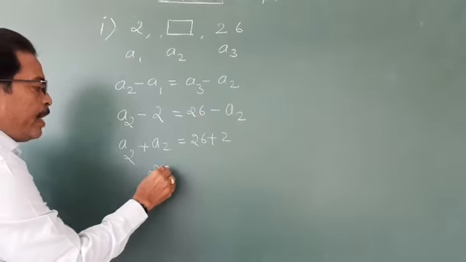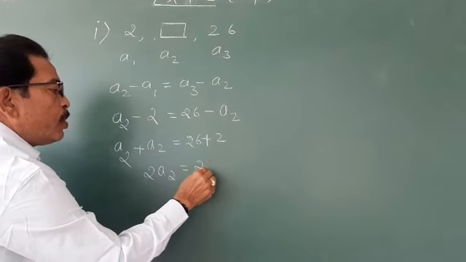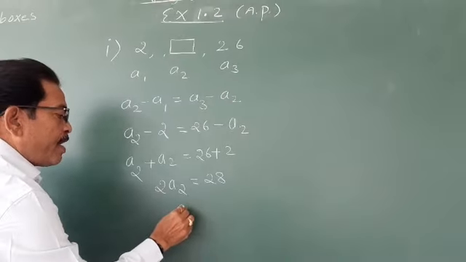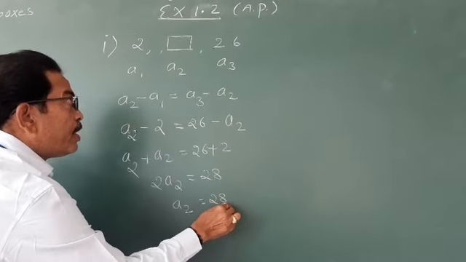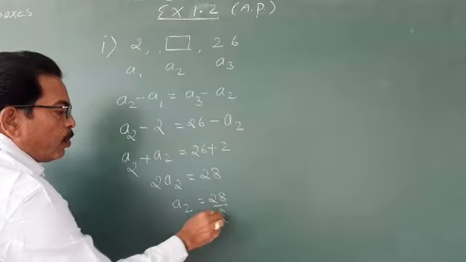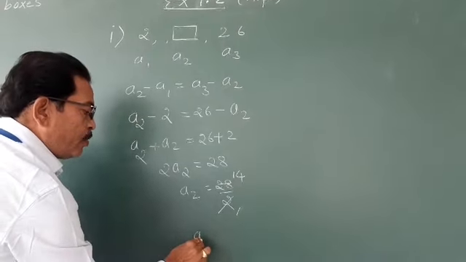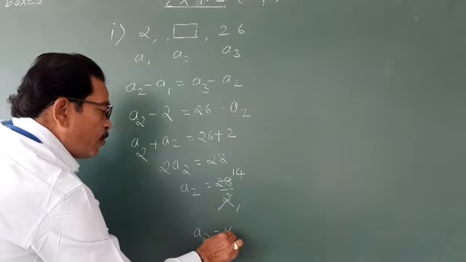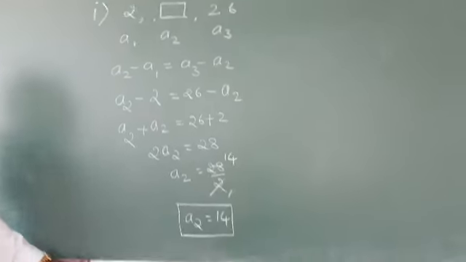Then 2A2 equals 28. Therefore A2 equals 28 divided by 2. Two 14s are 28. A2 equals 14.